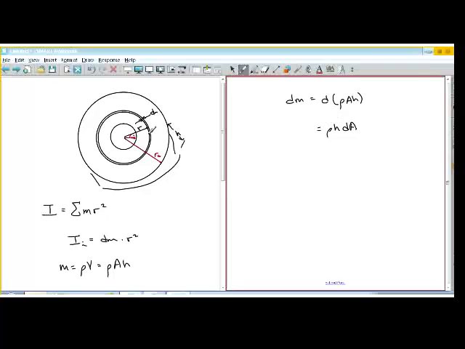So what is this little dA equal to? Well, you can think of it as the circumference times the thickness, which is dr. So that sounds like a good idea. So dm is density times h times 2 pi r, which is the circumference, times the incremental radius.